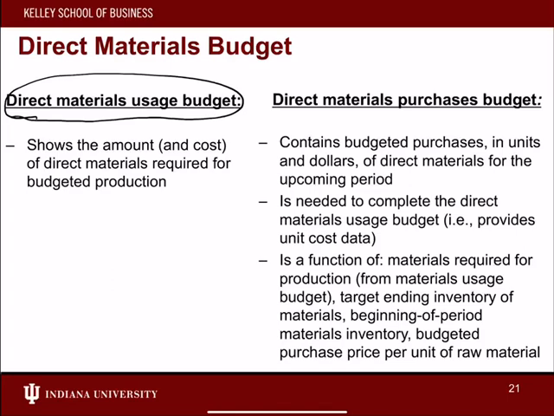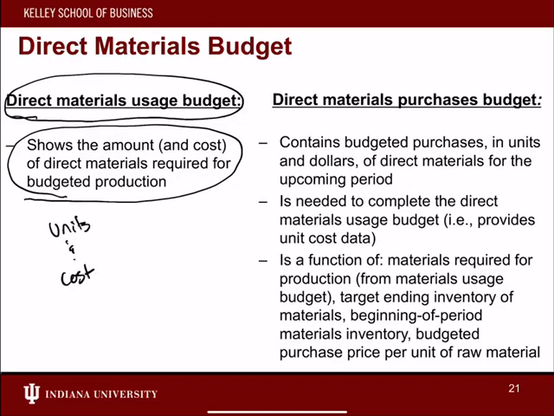And we're going to look and say, how much of all that material are we going to use this year? And importantly, this is in units and cost. So your direct materials budget will show how many pounds of steel we're going to use and how much per pound and in total that steel is going to cost.